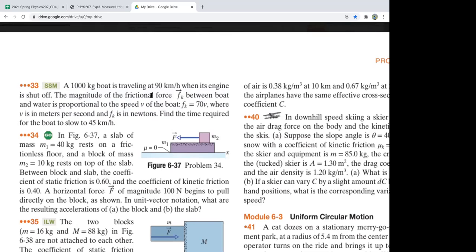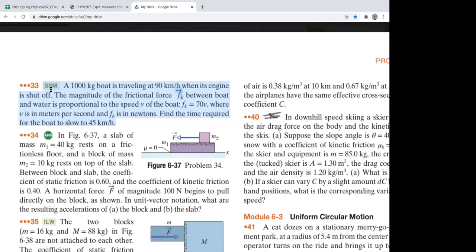So you tell me what's your thought when you read this? What are your first questions, or when you work on this question, what do you think? Well, what I had was trying to figure out what forces are acting, and basically it's the force of friction.